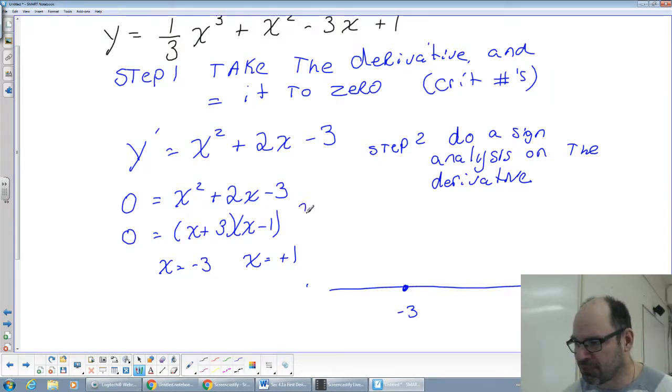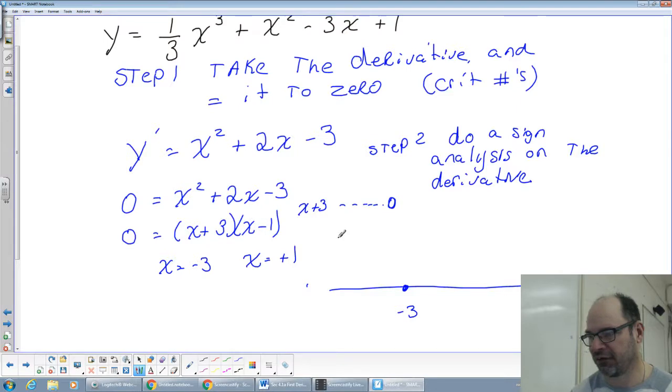So if we take x plus 3, that's 0 right there. Below that it's negative, right? If I put in x equal negative 4, negative 4 plus 3 is negative 1. So I'd get a negative value over here for that particular factor, and then it's positive above that.